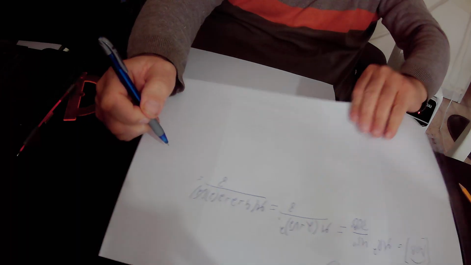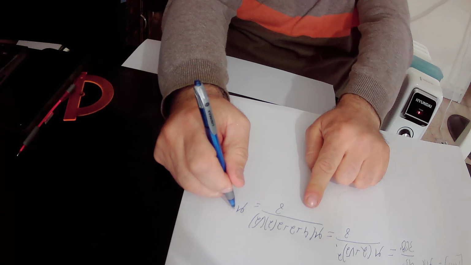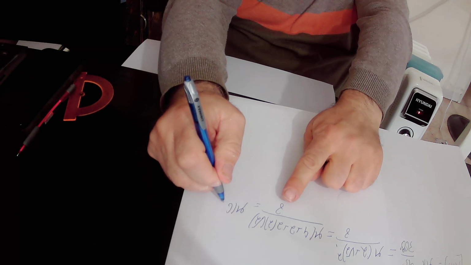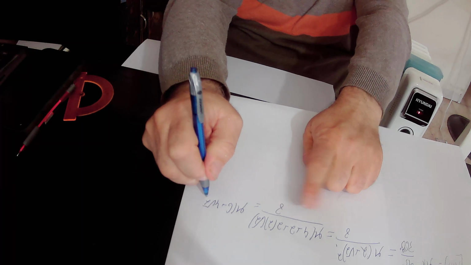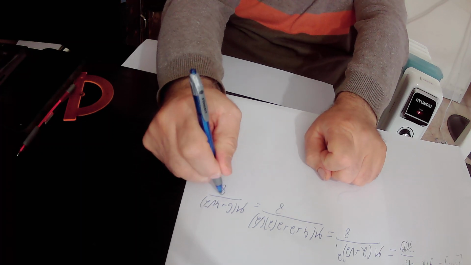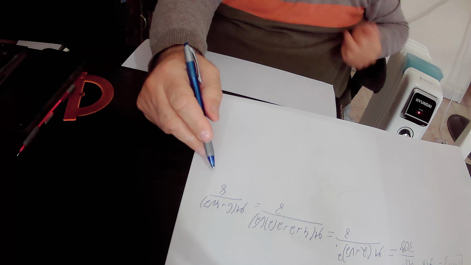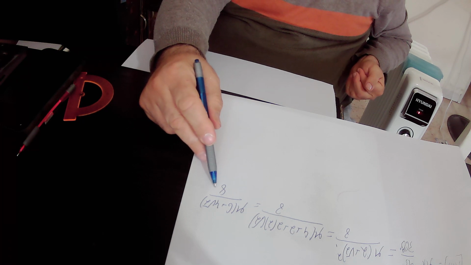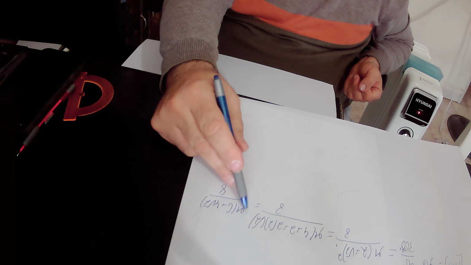So here we have pi, and inside the brackets 4 plus 2 is 6, plus 2 times 2, which is 4, times square root of 2, divided by 8. Here we divide both the numerator and the denominator of this expression by 2.